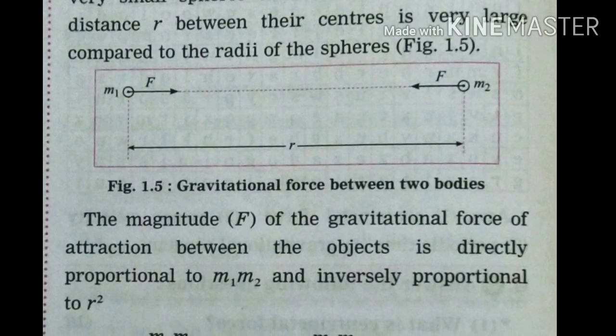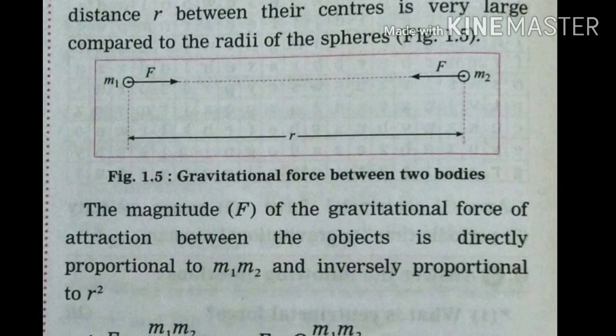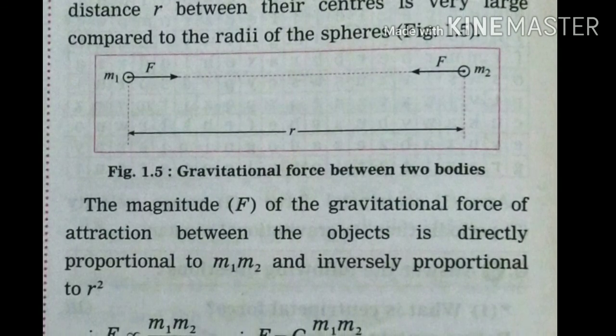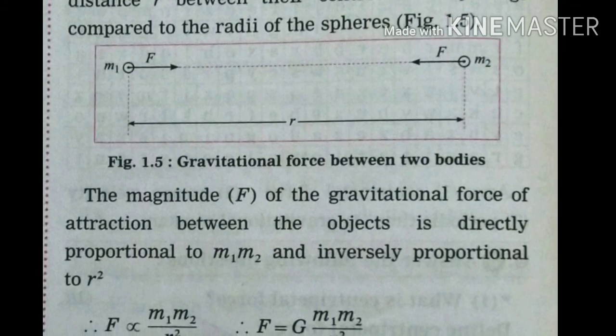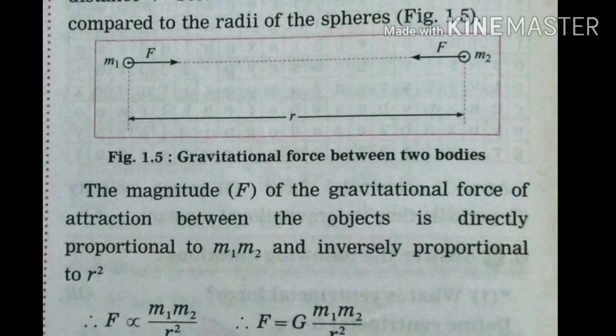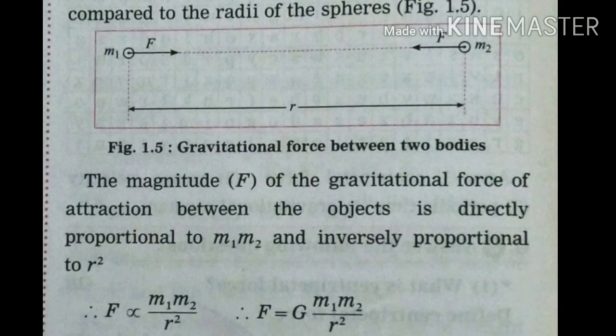The magnitude F of the gravitational force of attraction between the objects is directly proportional to m1 into m2 and inversely proportional to r squared.